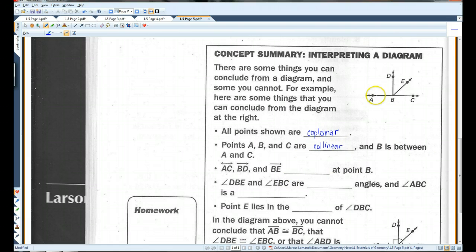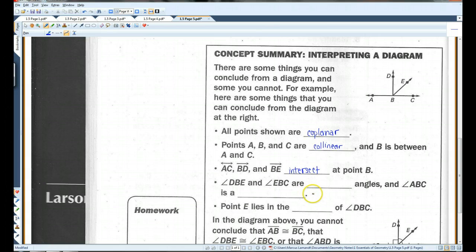Alright, lines AC, BD, and BE, I guess these two are rays and this one's a line, intersect at point B. Remember, intersect means they all cross. So all three of these figures, the line and the two rays, intersect at point B. Okay.